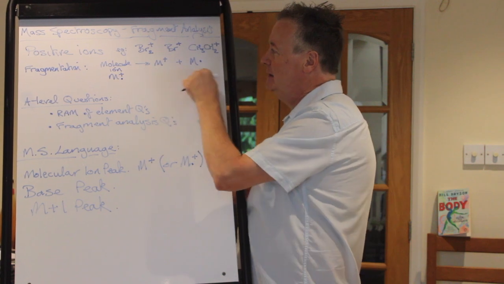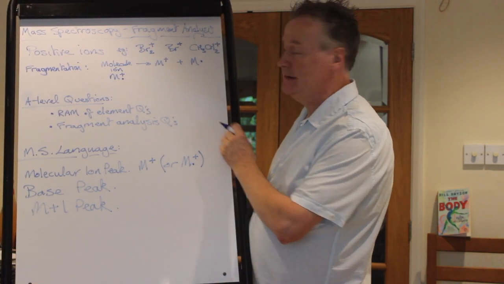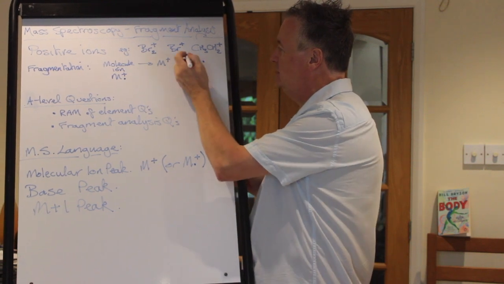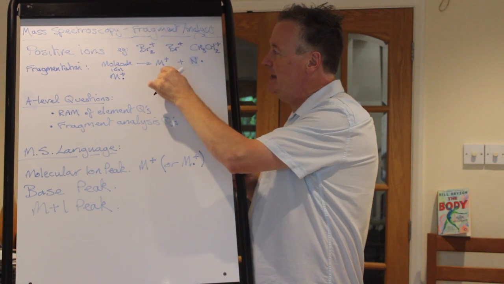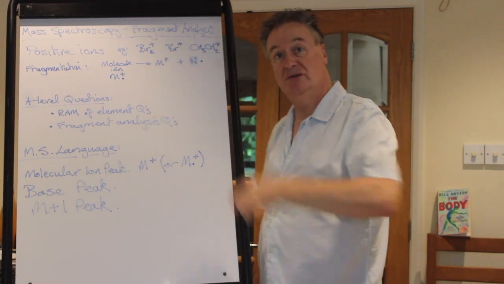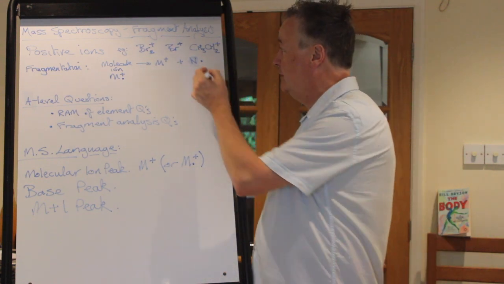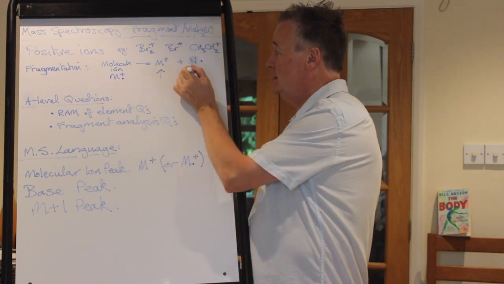But basically, it splits into, well, that looks like it splits into the same thing, so perhaps I should change that to be a different letter. There we are. So it splits into an N+, and I've said an N, which is not nitrogen, it's just the next letter in the alphabet, as a free radical. This is detected by the mass spectrometer.